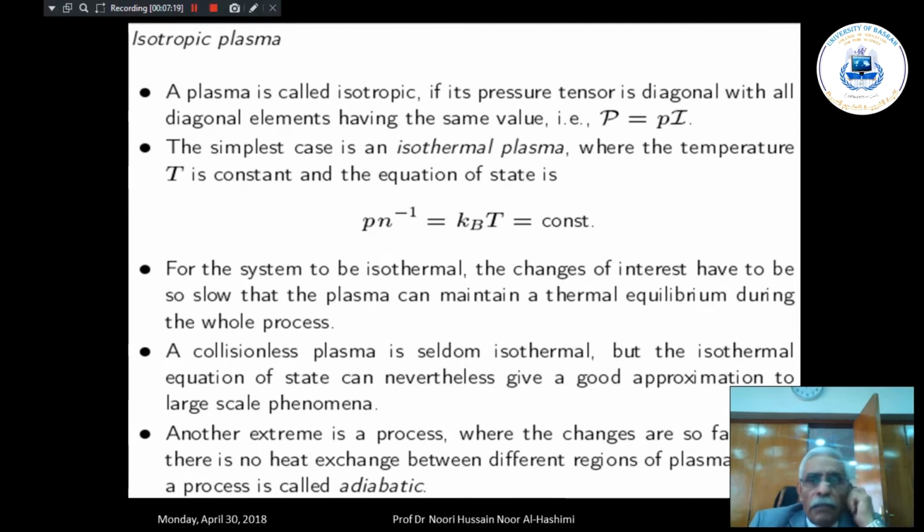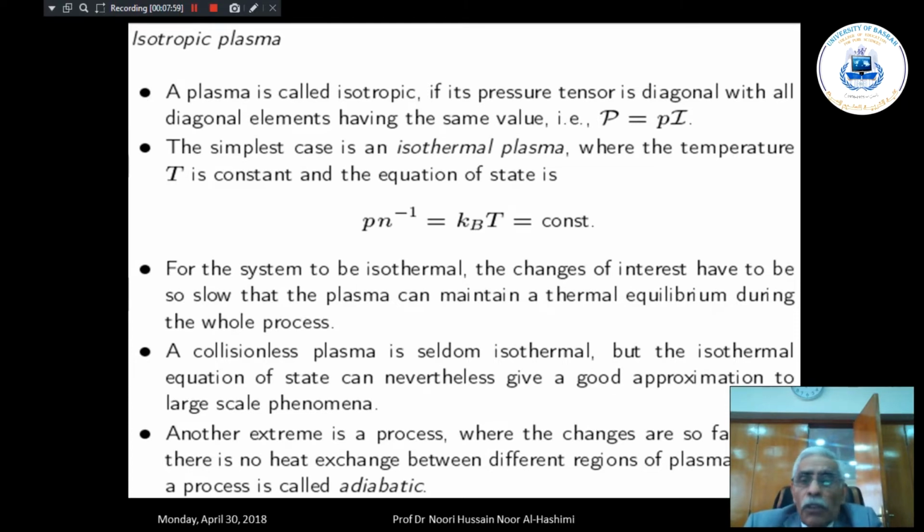Now I have two types. Isotropic plasma: a plasma is called isotropic if its pressure tensor is diagonal with all diagonal elements having the same value, that is P equal p I. The simplest case is an isothermal plasma, not isotropic, isothermal, where the temperature T is constant.